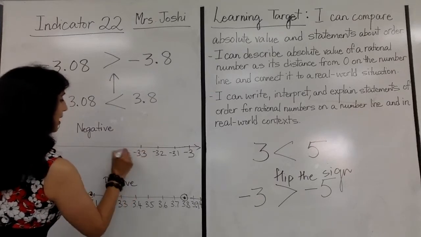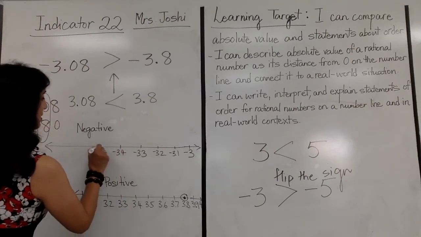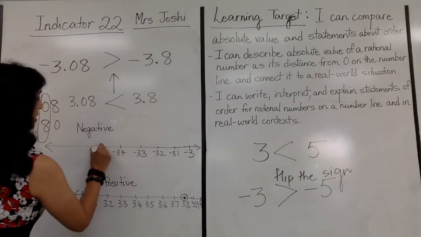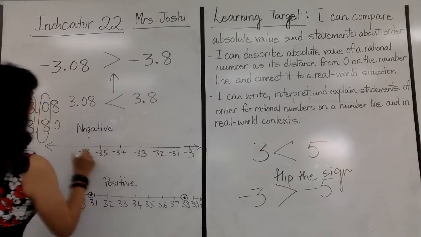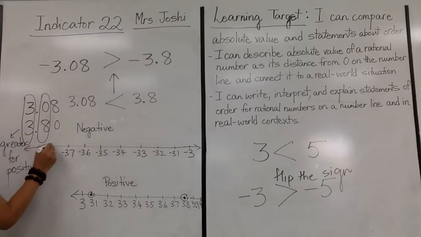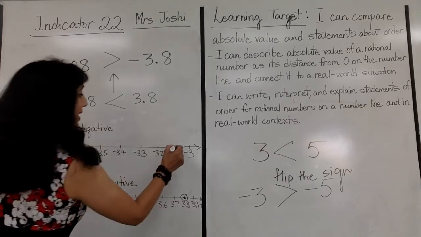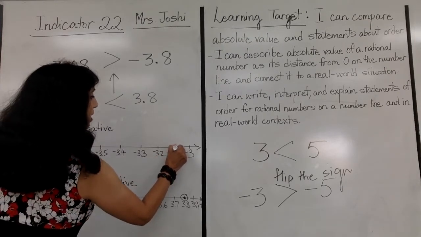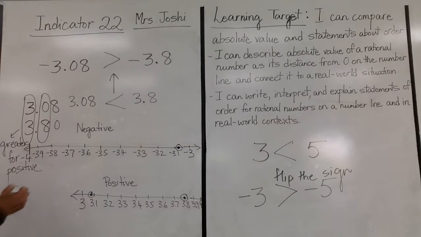So -3 3/10, -3 4/10, -3 5/10, -3 6/10, -3 7/10, -3 8/10, -3 9/10, and then this would be -4. Okay, so now I have -3 800 over here, and I have -3 8/10 over here.